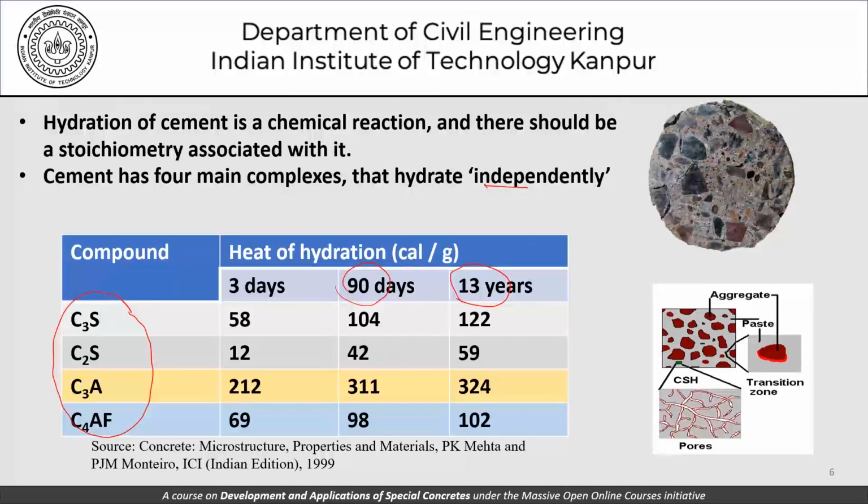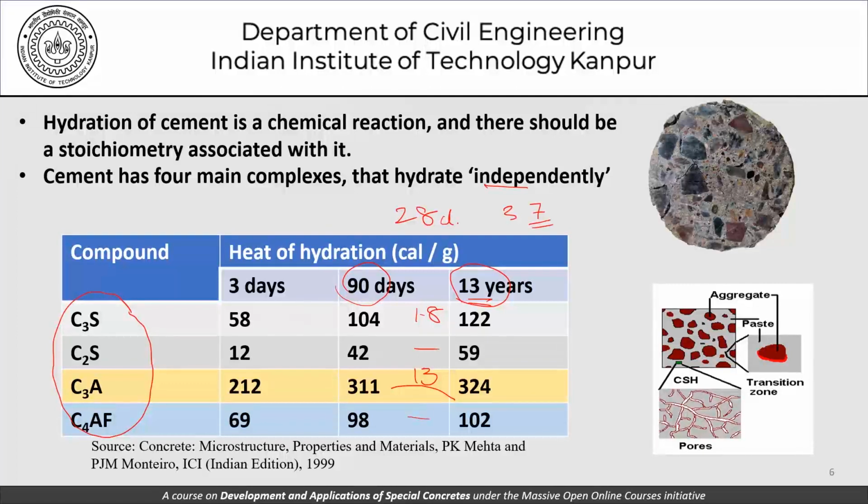Even at this point here in 13 years, you can see that heat of hydration in terms of calories per gram is still being liberated. It could be 13 here, it could be 18 here, it could be something else, and so on. The fact is that hydration continues for a very long time, and it's only an engineering judgment or an engineering decision that we base our quality control procedures for concrete at 28 days, and we restrict the curing conditions or the curing duration to 3 days or 7 days or whatever it is.